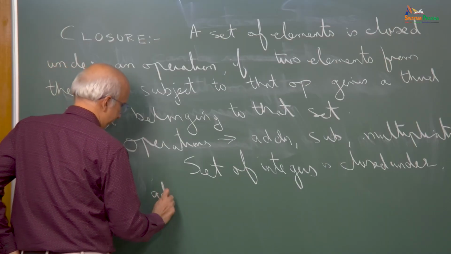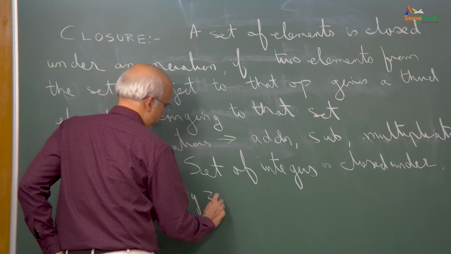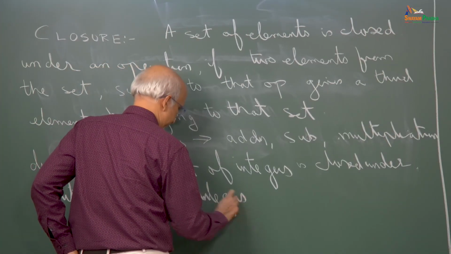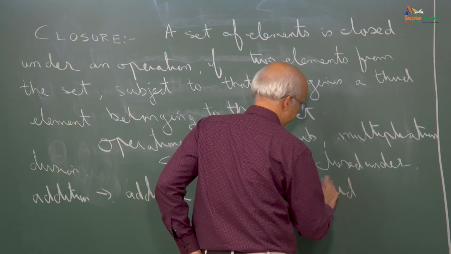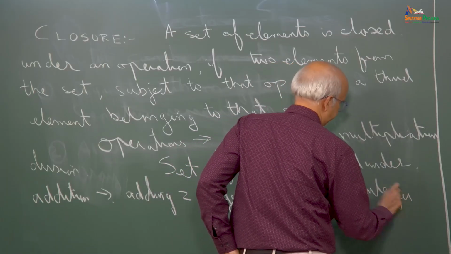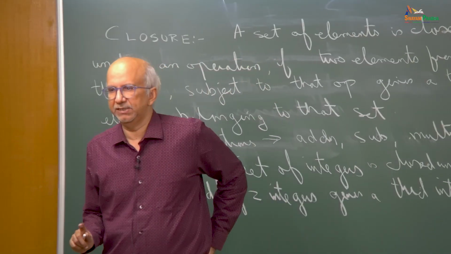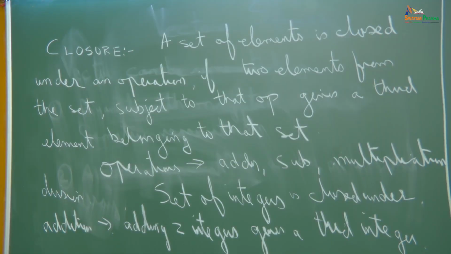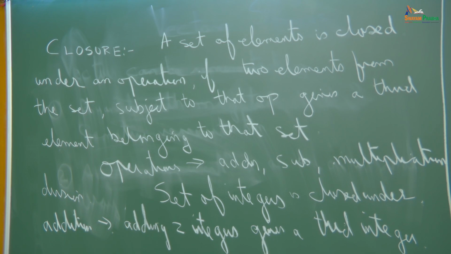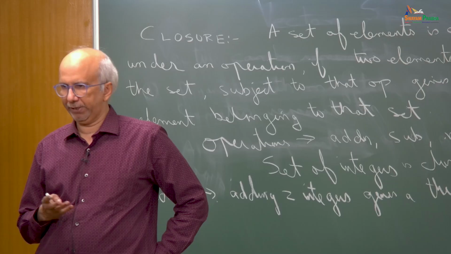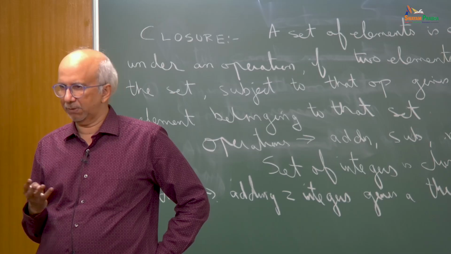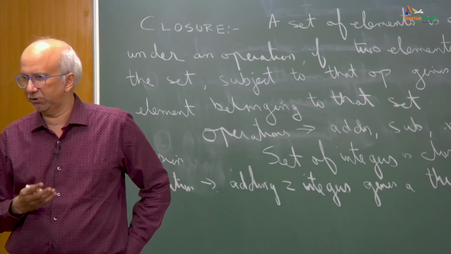Why? Because adding 2 integers gives a third integer. But the set of integers is not closed under division. If I take 2 integers and divide one by the other, I may not get an integer. And whenever we talk about division as an operation, we have to make sure that we don't end up dividing by 0. So division is always by some non-zero number.